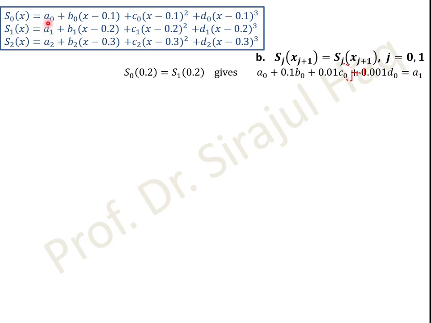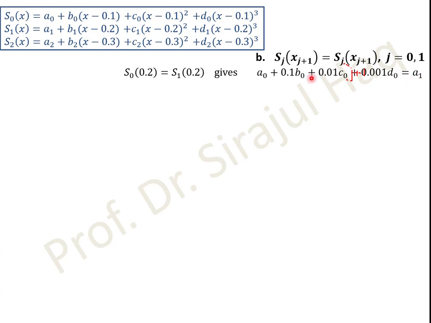And this will become A0 plus 0.2 minus 0.1, which is 0.1 B0, which we can see here. 0.2 minus 0.1 whole square, so 0.1 whole square is 0.01 C0, plus 0.2 minus 0.1 whole cube, so 0.001 D0 is equal to A1.